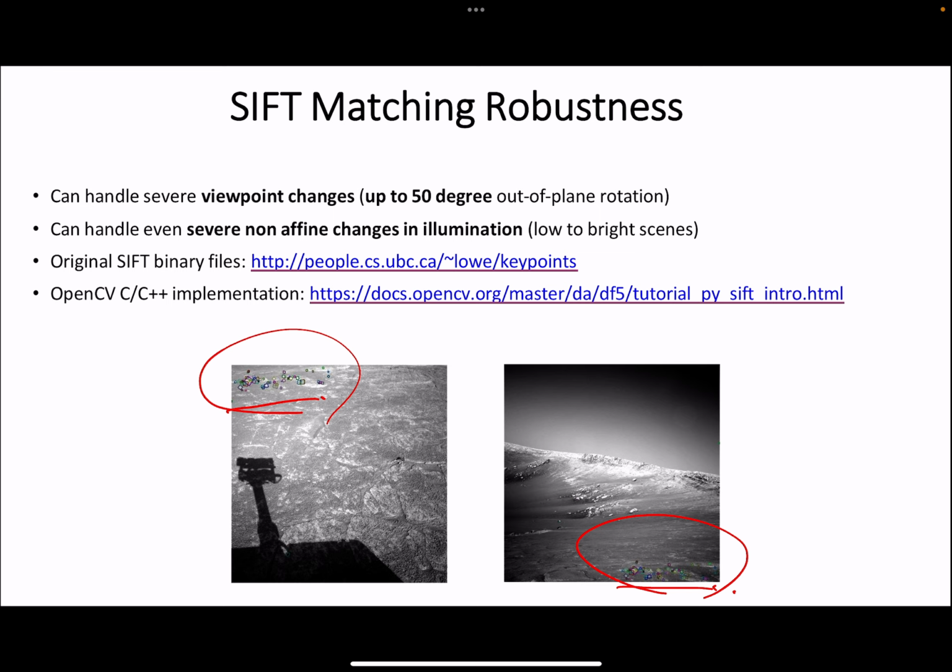I'm not sure these are available at this moment, but you can try this. And SIFT is integrated into OpenCV C implementation. And there's a specific number, 50 degrees, just from its paper. The authors did some experiments and they found that up to 50-degree viewpoint changes, the SIFT descriptor works quite well, quite robust. So this is just based on experimental results.